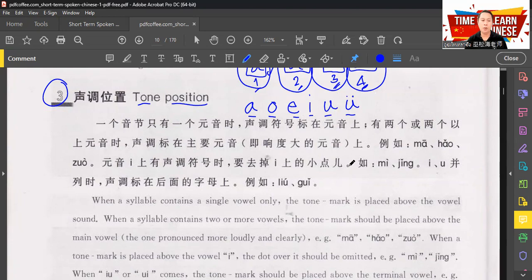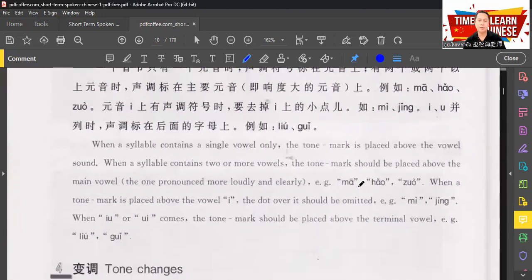Okay. When we want to put the tone position, you have to follow this order. For example, if you want to write down pinyin for m and a, just one initial and one final, right?